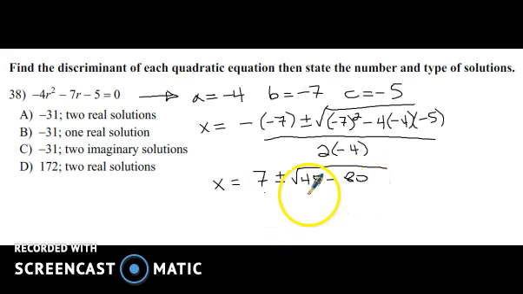And this is all over negative 8. So from here we have 7 plus and minus the square root of 49 minus 80, which is equal to a negative 31. This is all over minus 8.